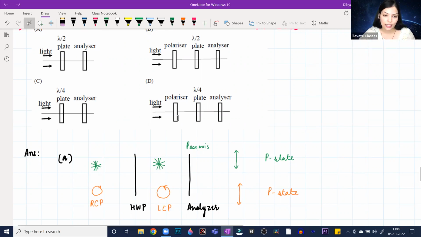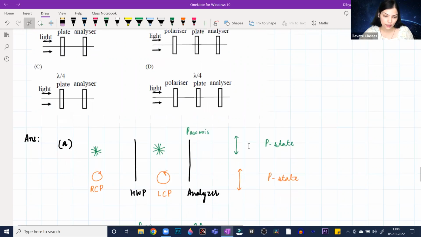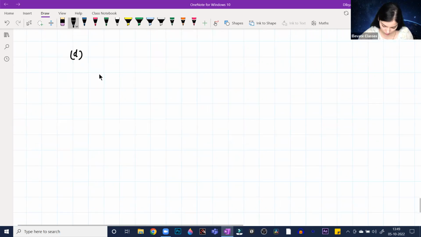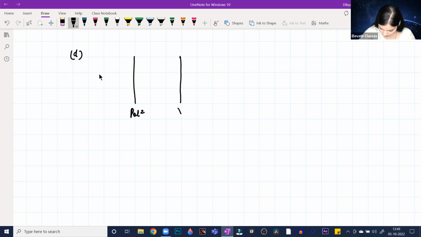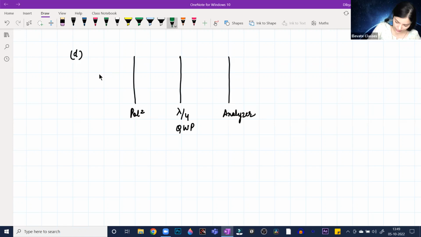So D में है I have a polarizer, lambda by 4 यानी कि एक quarter wave plate है और उसके बाद I have an analyzer. तो अब यहाँ पर इनपुट में I have an unpolarized light which is falling onto the polarizer. तो मुझे कुछ P state में लाइट मिल गया depending on the pass axis of the polarizer. Now this is falling onto the quarter wave plate. तो quarter wave plate क्या करेगी P state का, depending on the angle which the P state is making.